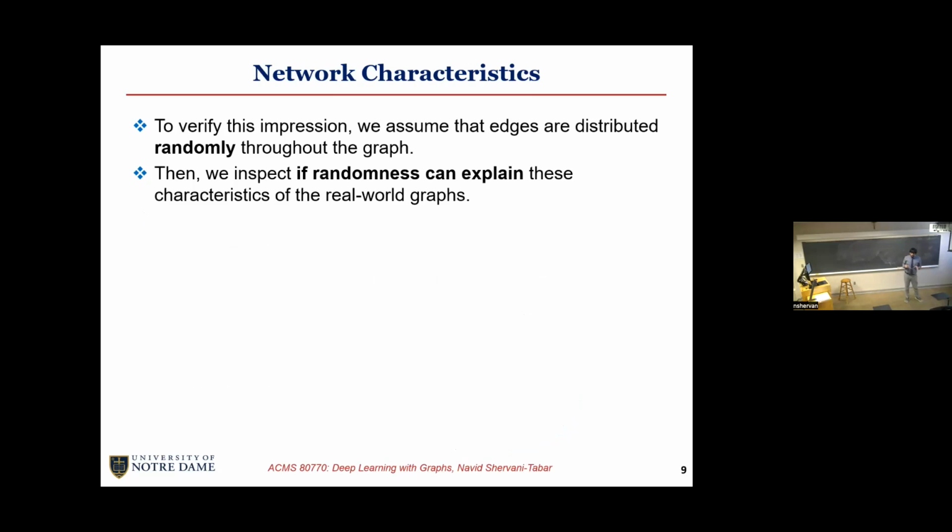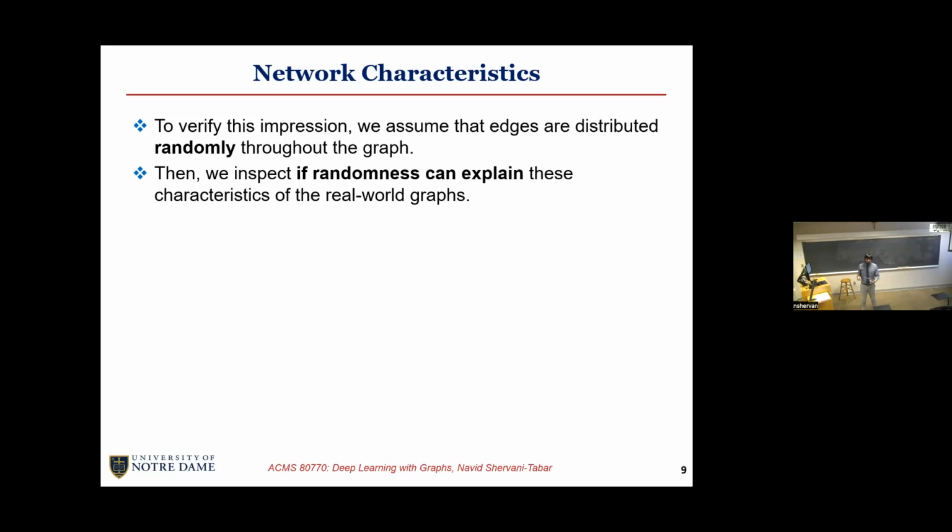So what we want to do is see whether these connections are in fact placed randomly throughout the graph. For that, we need to construct a model. First, we need to identify the characteristics of the real world graph. Then we construct a random graph and see if it has the same characteristics.